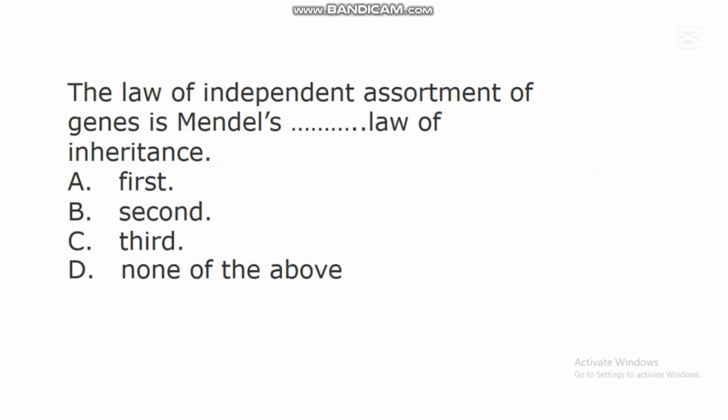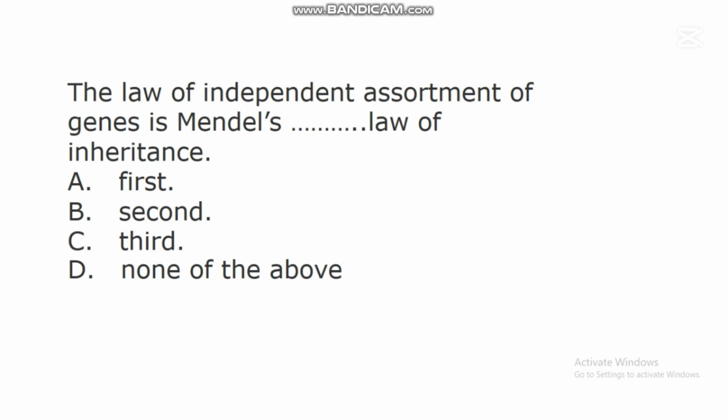The next question says, the law of independent assortment of genes is Mendel's dash law of inheritance. A. First law of inheritance. B. Second law of inheritance. C. Third law of inheritance. D. None of the above.